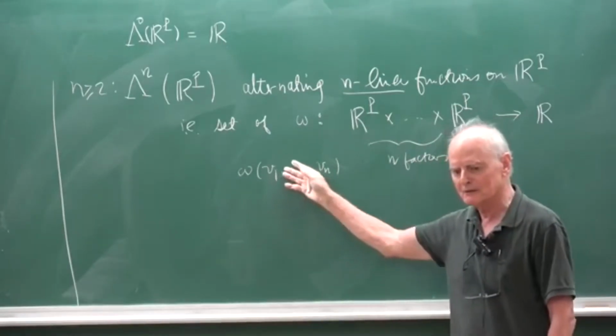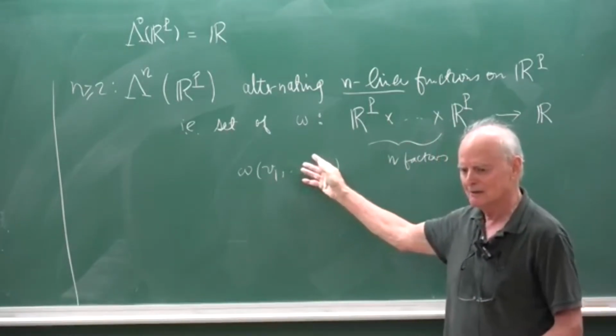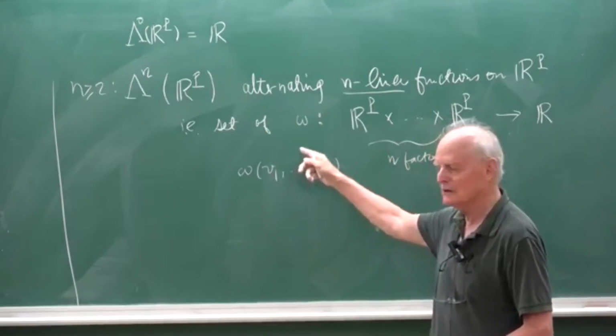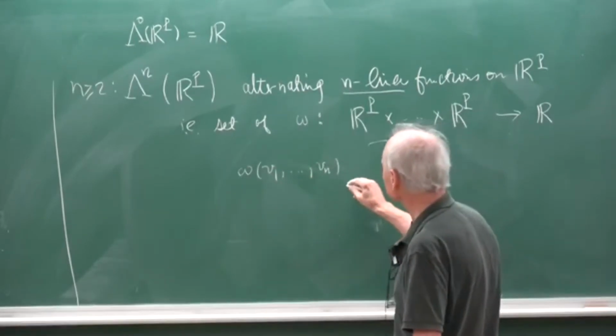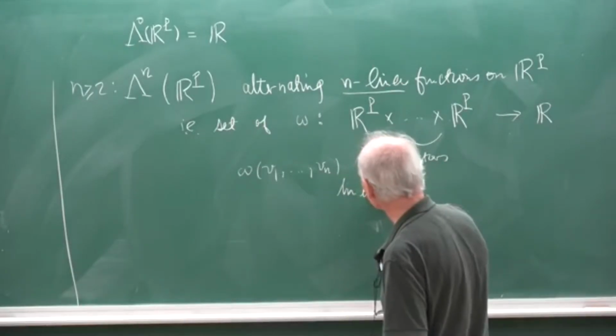Notice that's a lot different than saying it's linear. It's not linear. It's linear in each individual slot, right? So this is linear in each Vj.